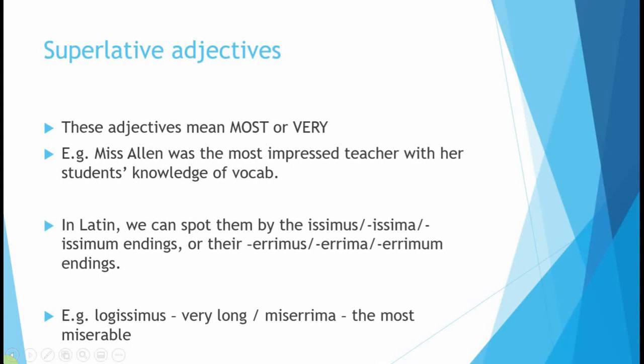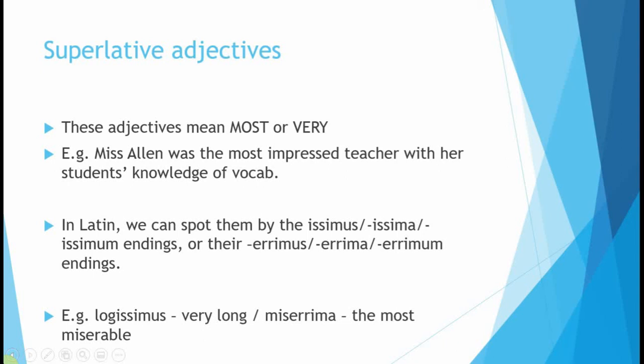However, superlative adjectives have a stem on them before these endings, okay? So they have issimus, issima, issimum endings, or errimus, errima, errimum, depending on whether they are masculine, feminine, or neuter adjectives, okay? So quite easy to recognise really, because you've got either that double S there or that double R, which shows that it means the most or very, okay?